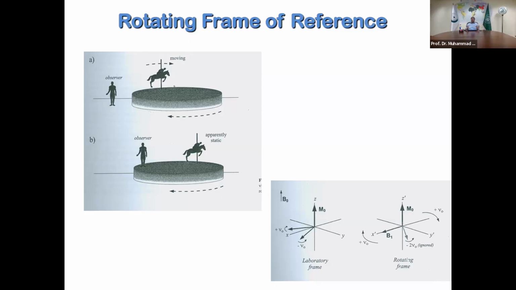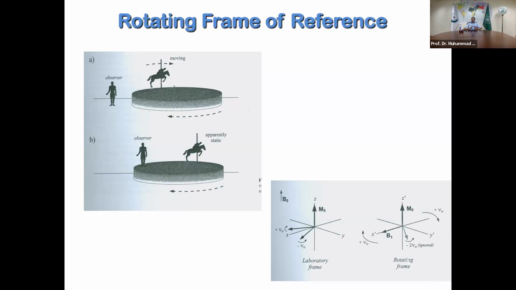So in a stationary frame of reference called the laboratory frame, outside this three-dimensional Cartesian system, there is no way you can understand the movement of these vectors on the XY plane.